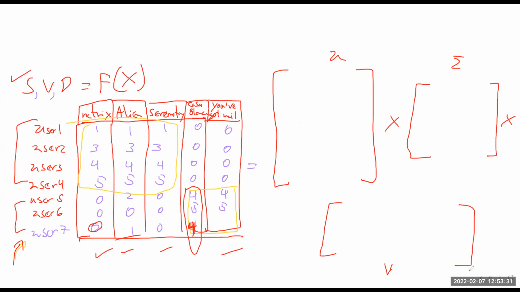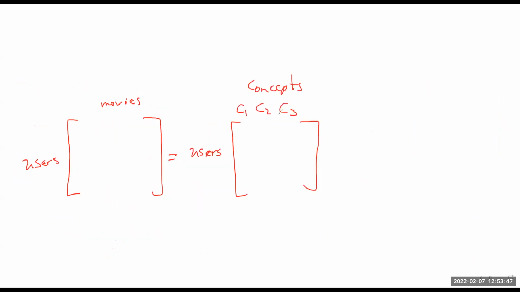So basically that's what it's going to do. It's going to correlate users to these new things that it doesn't know the word for, but it does know that they group together. You see that? That's basically all that's happening. So now you end up with users to concepts.